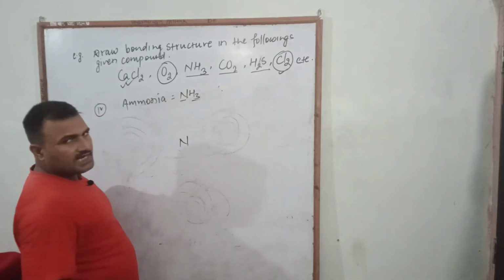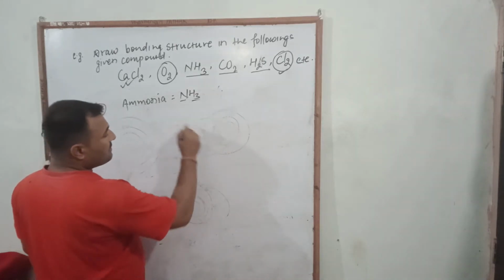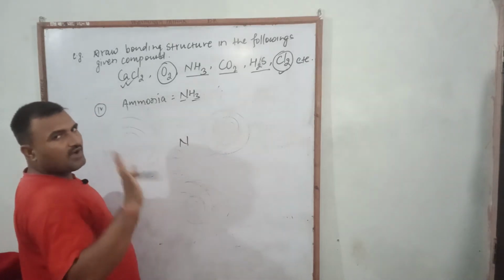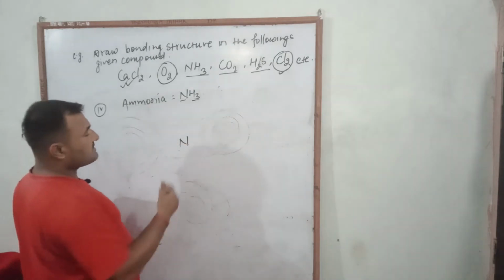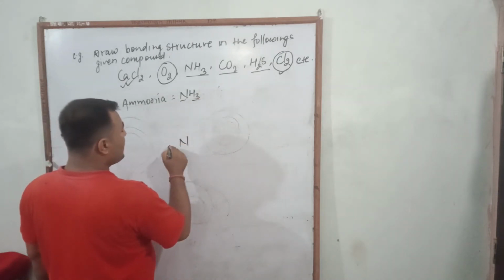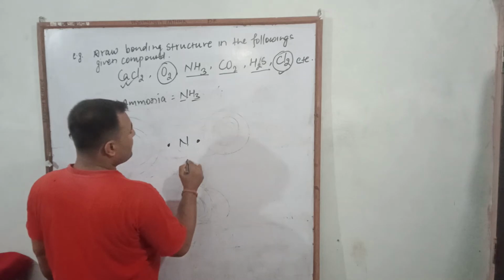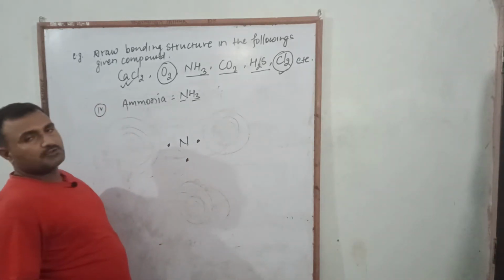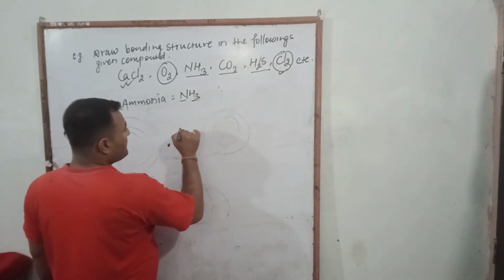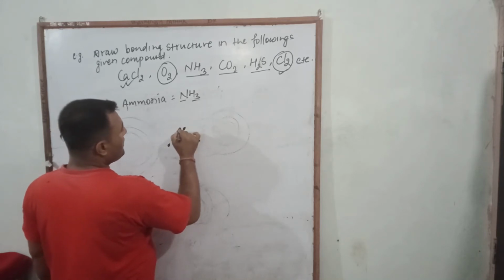3 hydrogen are there, and how many valence electrons does nitrogen contain? 5 electrons in its outermost shell. Therefore separately we write 3 electrons, and on one side the remaining 2 electrons.